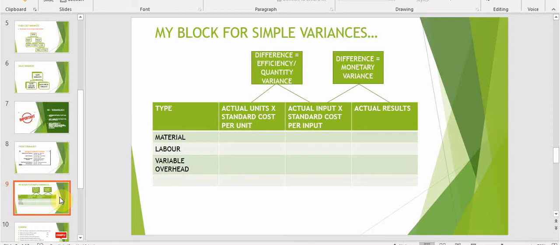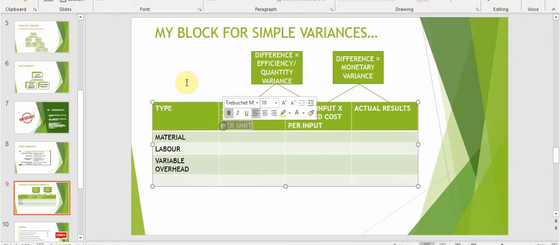It works as follows. You will put your requirements to make the product in your first column. In your second column, you will take the actual units and you will times it by the standard cost per unit. Please note this. This is very important.